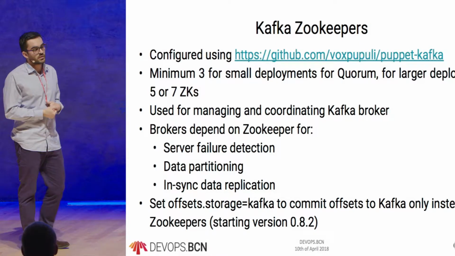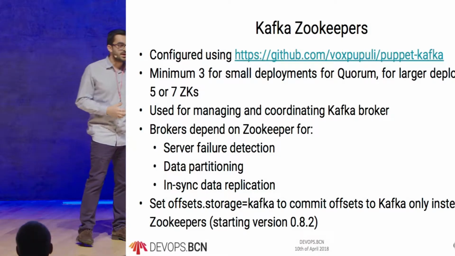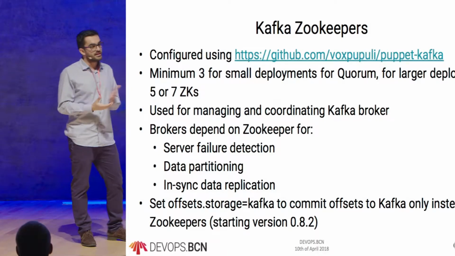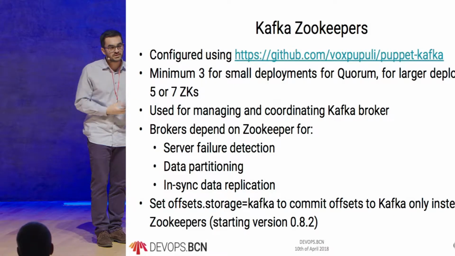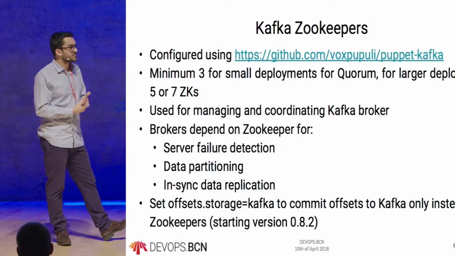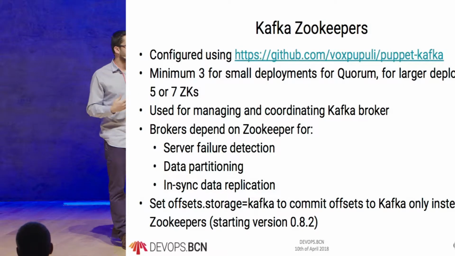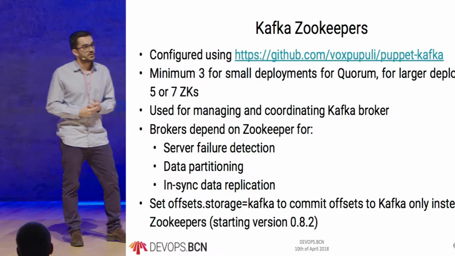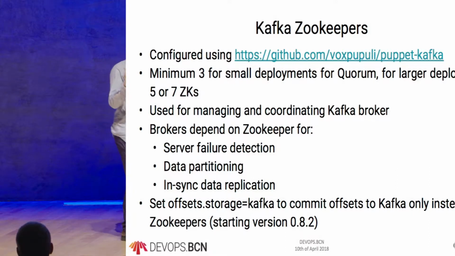Zookeepers are used for the brokers, to manage and coordinate the Kafka brokers. The brokers depend on the Zookeepers for a couple of reasons. One of them is if there's a server failure on one of the brokers, then another broker will spin up using the auto-scaling from Amazon, and then Zookeepers will synchronize and add this new Kafka broker into the cluster.